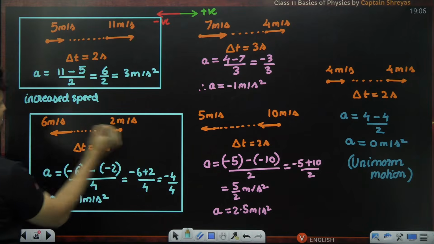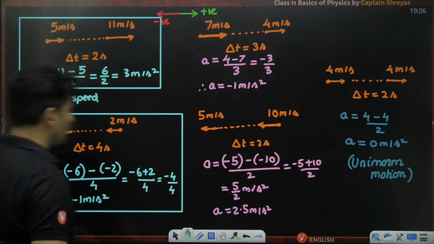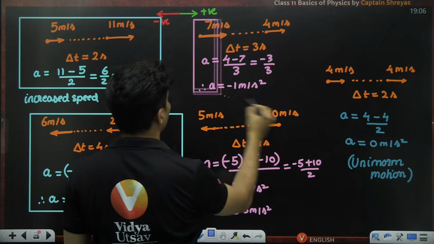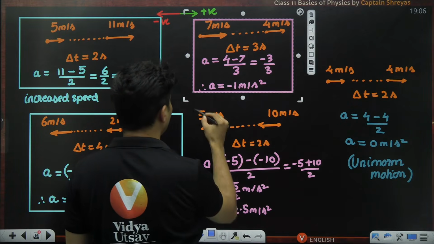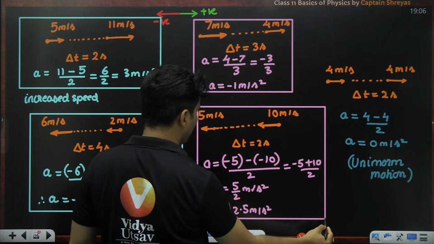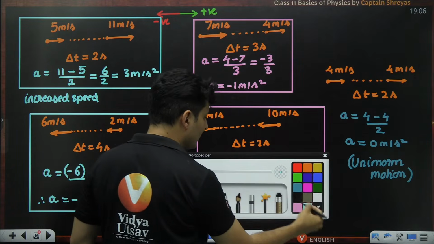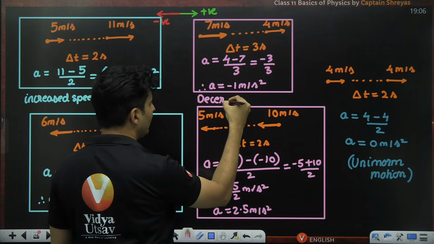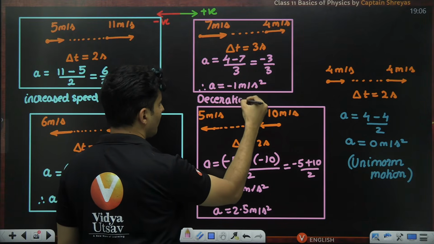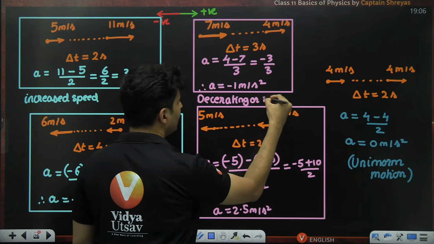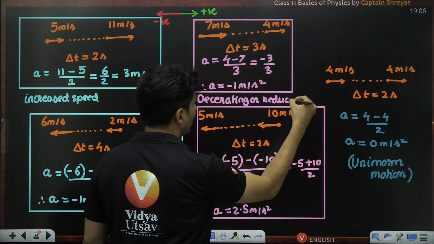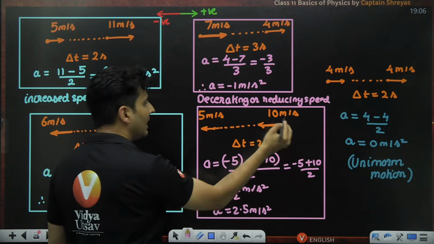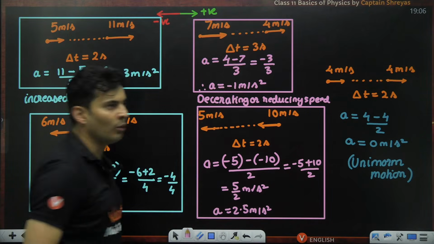It is very obvious. But in this scenario, check this out, or even for that matter this scenario, you have reduced the speed. So these are decelerated motion, retarding, or basically reducing the speed. It is very obvious because 10 became 5 or 7 became 4.